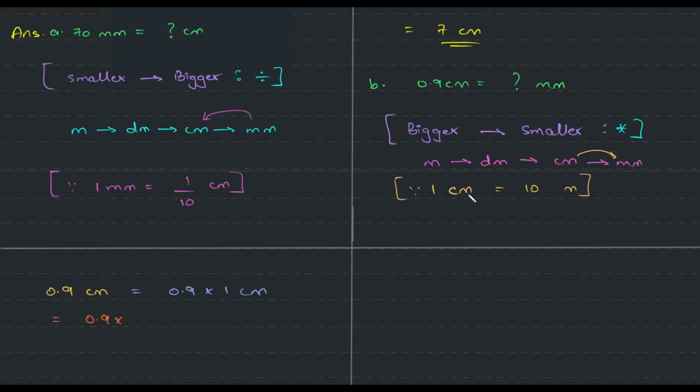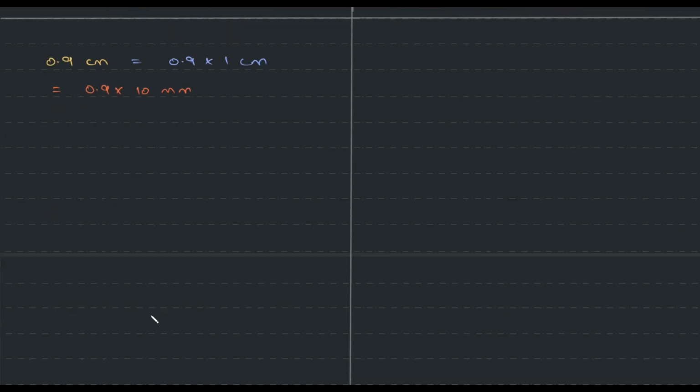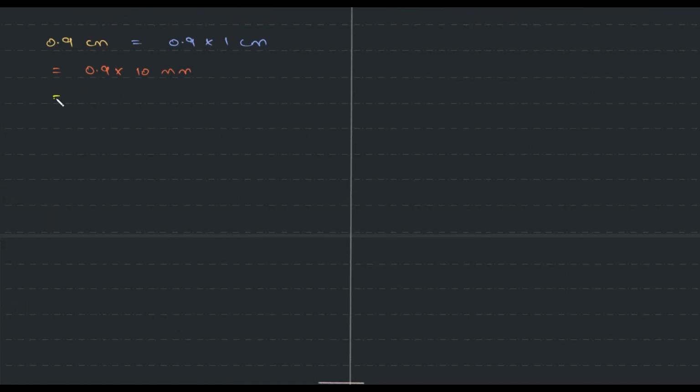Sorry, I confused you guys. 1 centimeter is 10 millimeter. And you know what will happen to decimal when we multiply with 10? They shift to the right, is it not? This will be 9 millimeter. So there's 1 zero and so we're shifting 1 decimal place.